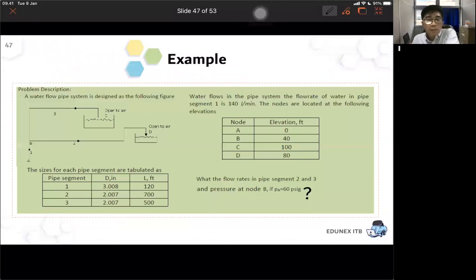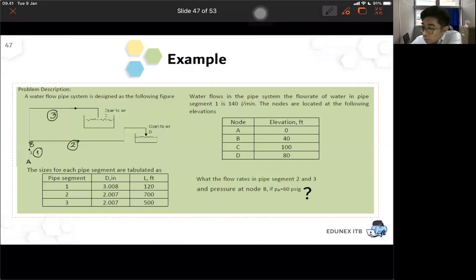Okay, so now we need to check this example. You have a pipe arrangement from point A in segment 1 to point B, and then from point B, the flow is divided into segment 2 and segment 3.